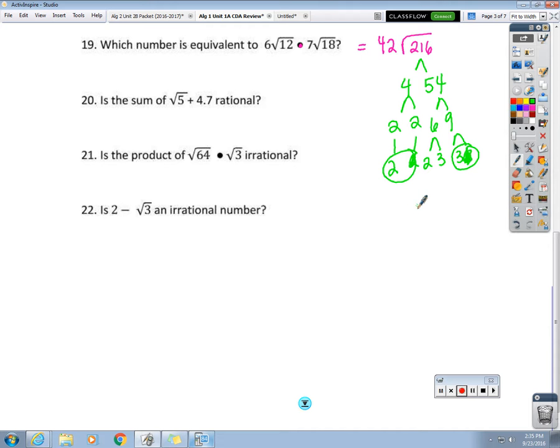So what goes outside? And what goes inside? Am I done? Right. Remember this 42 that was already on the outside? It now comes down, multiplies by 6 to make 252 square roots of 6. Now I want everybody on your calculator to type this in and type this in and make sure they match.